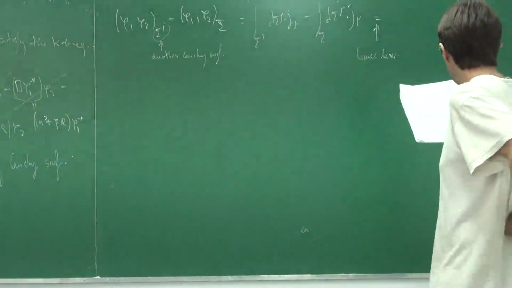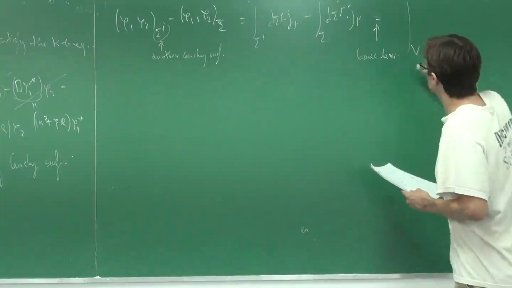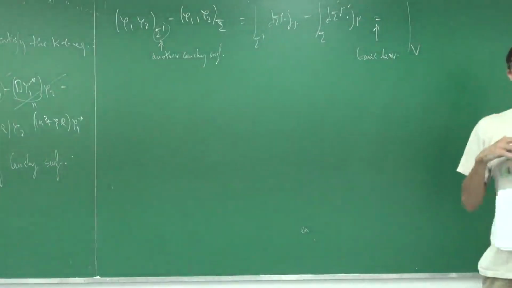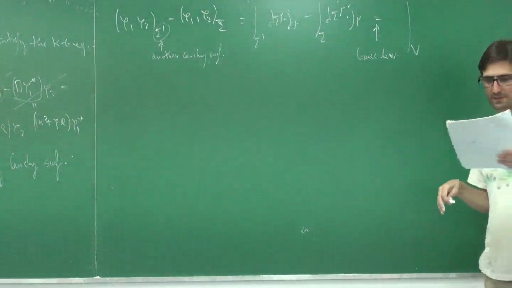So you integrate over the volume that's contained between the two Cauchy surfaces.